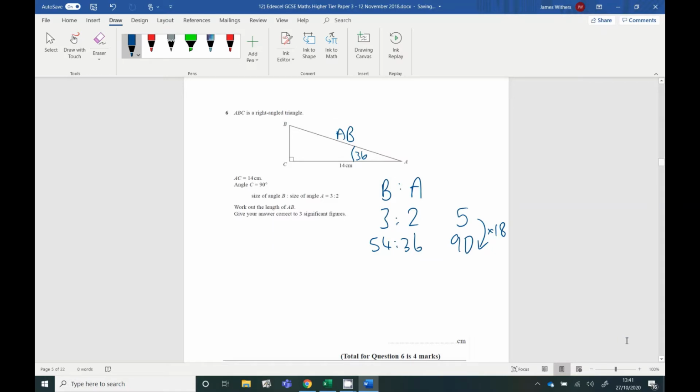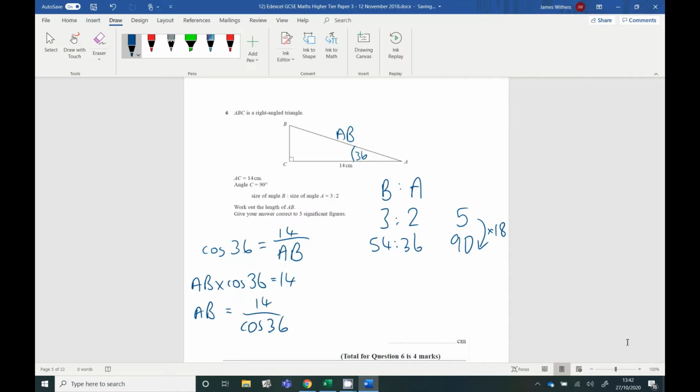I can say that cosine 36 equals my adjacent side of 14 over my hypotenuse of AB. This requires a little bit of rearranging. Multiply both sides by AB, we get AB times cos 36 equals 14. Then divide both sides by cos 36. So AB is 14 divided by cos 36.